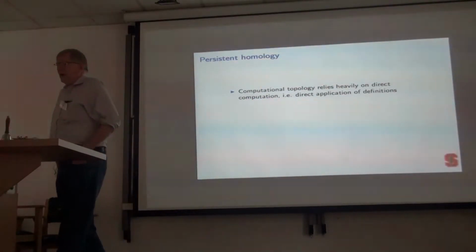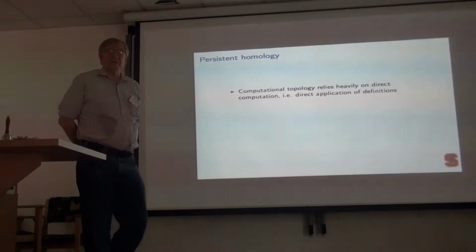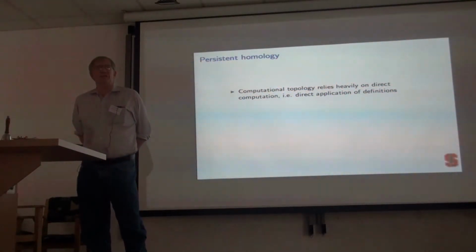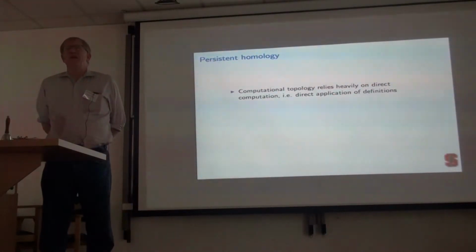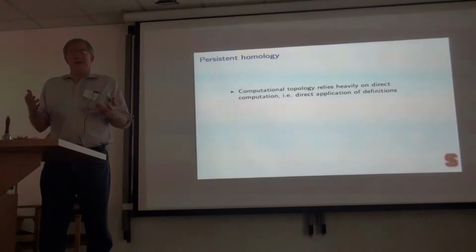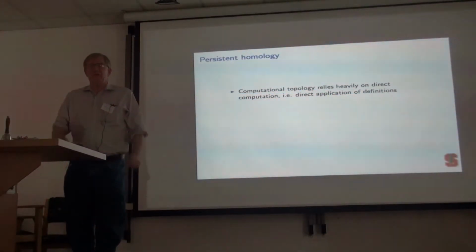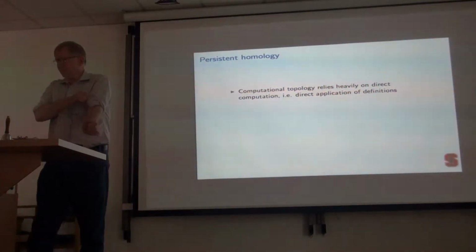And so I want to make the point, first of all, that computational topology relies heavily on direct computations from the definitions. So in other words, typically if we're computing persistent homology, the algorithms involved actually do the linear algebra directly, with Gaussian elimination type algorithms.